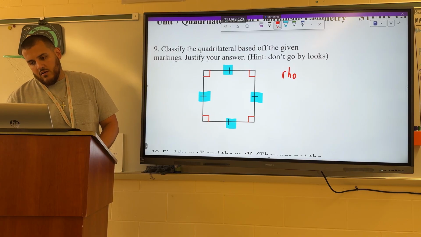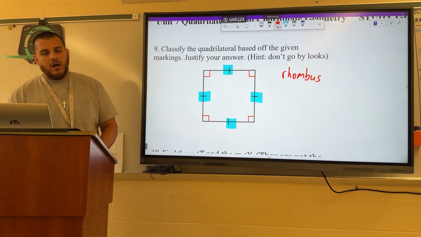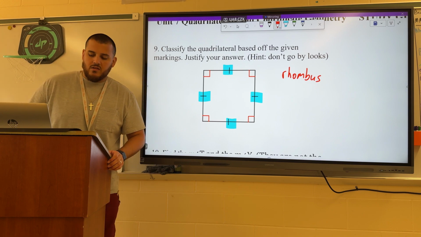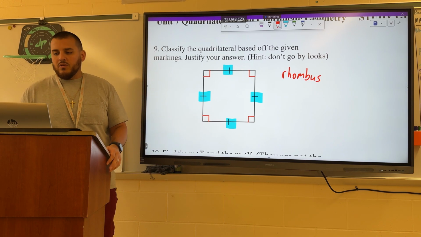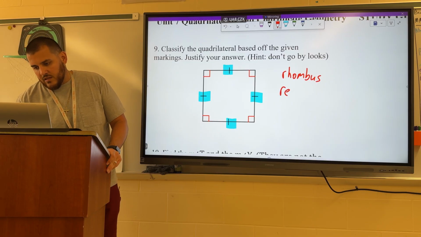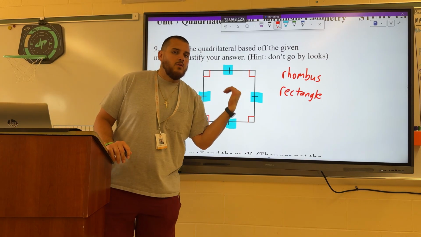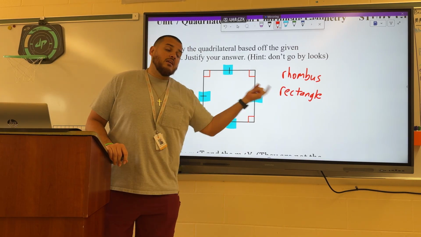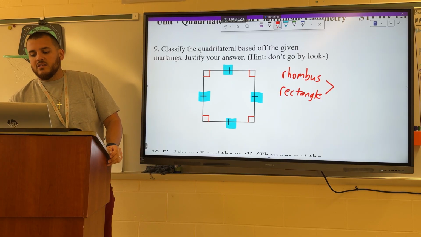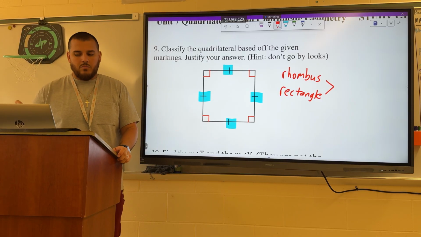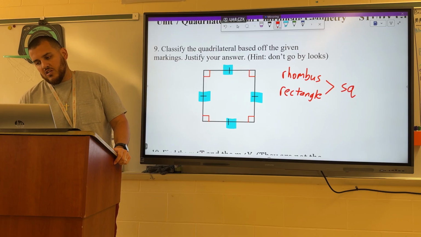So okay, we have a start where I've got the properties of a rhombus. All 4 sides are congruent to each other. However, we also have 4 right angles in our shape. Well, that's the property of something different. That's the property of a rectangle. Rhombuses don't have four right angles. Rectangles don't have four congruent sides. Therefore, this shape has to be the one that has the properties of all of our special parallelograms, which is a square.